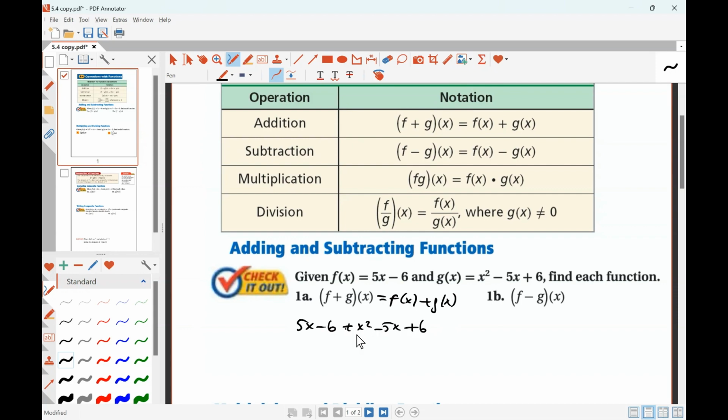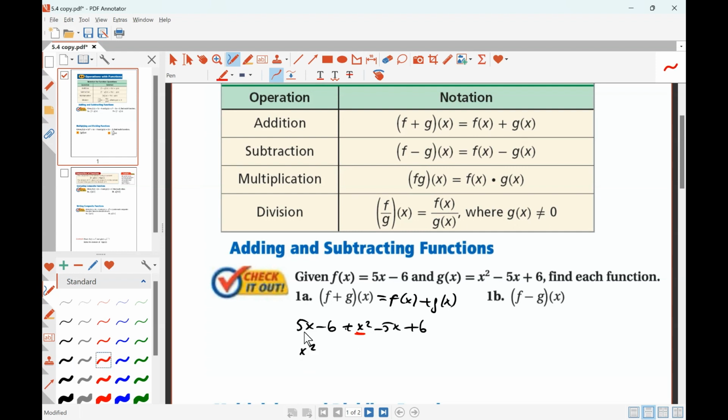It is just like adding or subtracting or multiplying or dividing expressions. We do the same. We just add them. How do you add expressions? How do you add numbers? You just have to add the like terms. So we have x squared here, only one x squared. There's nothing to add or subtract to x squared or from x squared.